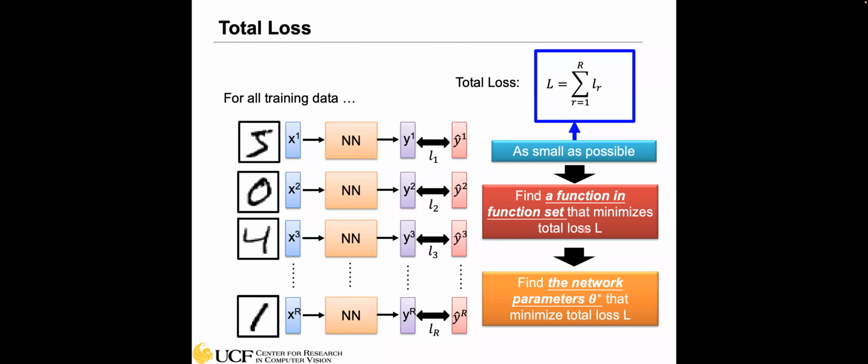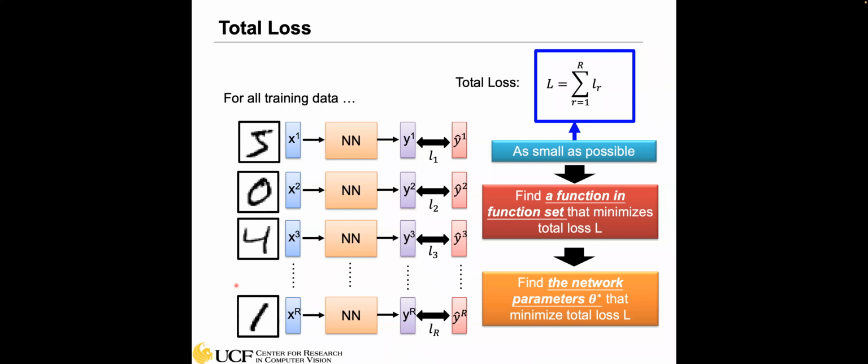And because the network parameters define different functions in that function set, this boils down to finding the optimal network parameters theta that minimize the total loss. You want to find the optimal parameters defining this neural network or mapping function such that it minimizes your total loss given the training data set provided.